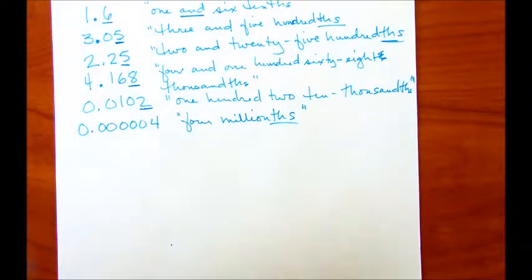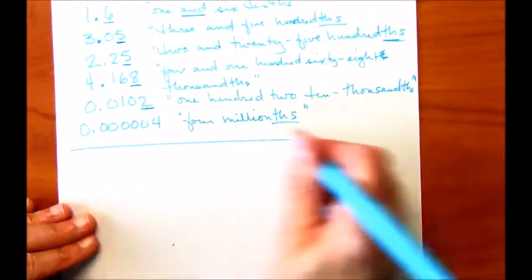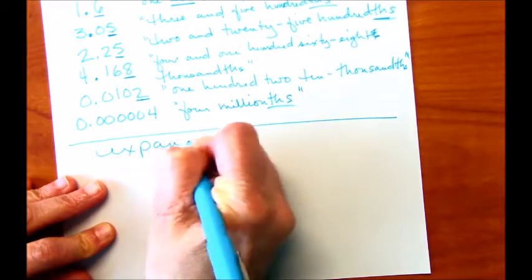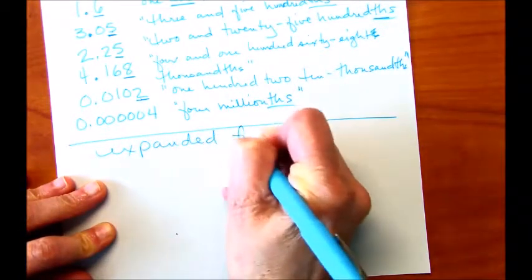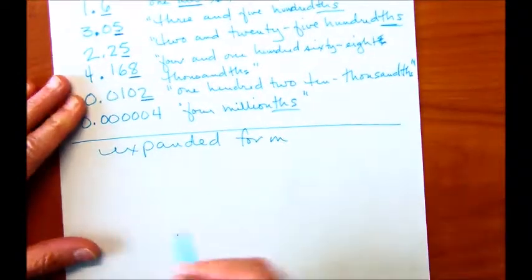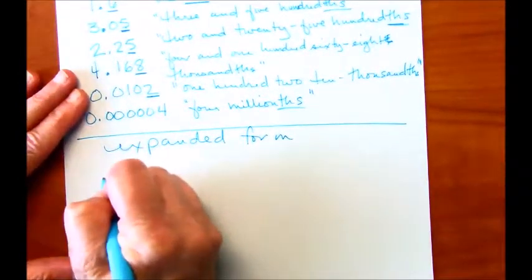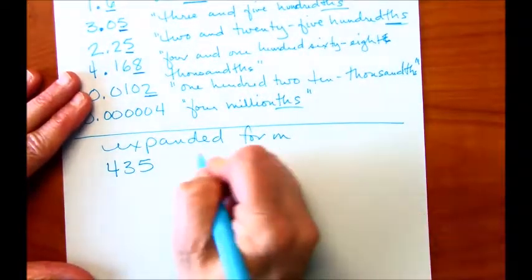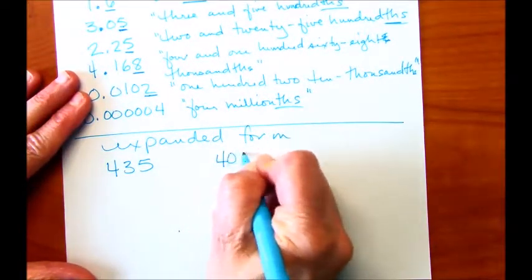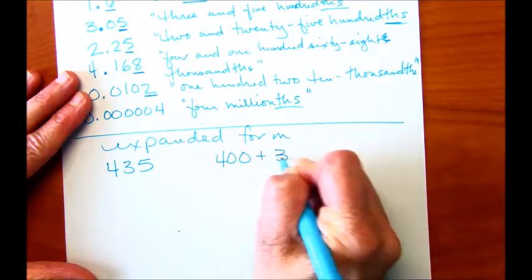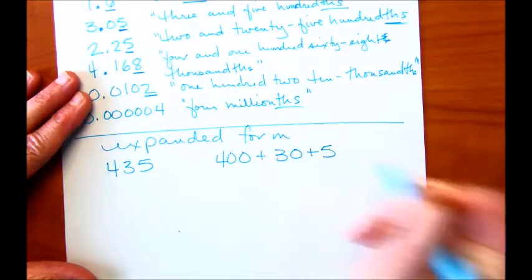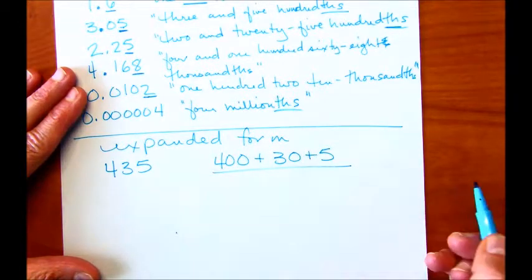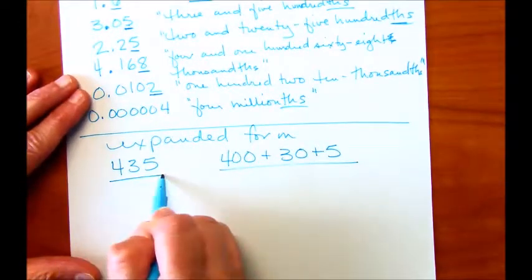Now let's go ahead and write some numbers in expanded form. I'll give you an example. When we talked about whole numbers, like say 435, we wrote it as 400 plus 30 plus 5, and that would be in expanded form. This is considered standard form.